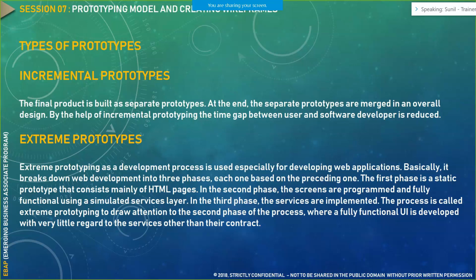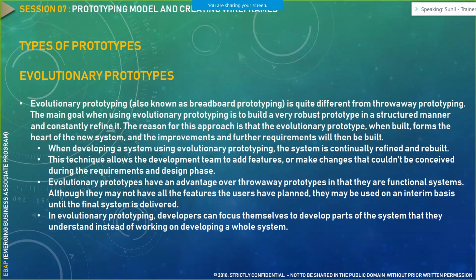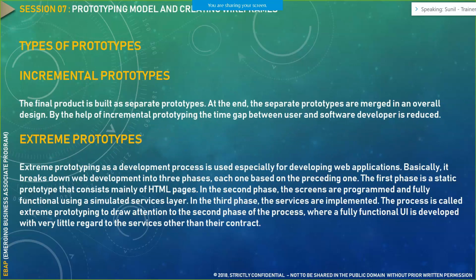So what's the difference between an evolutionary prototype and an extreme prototype? An evolutionary prototype dictates that you cannot keep the same UI constant for the next 4 or 5 years. Your UI should be evolving.